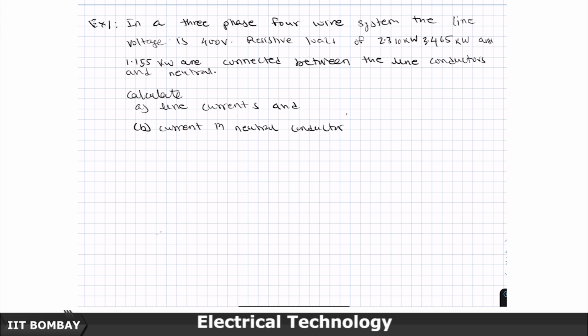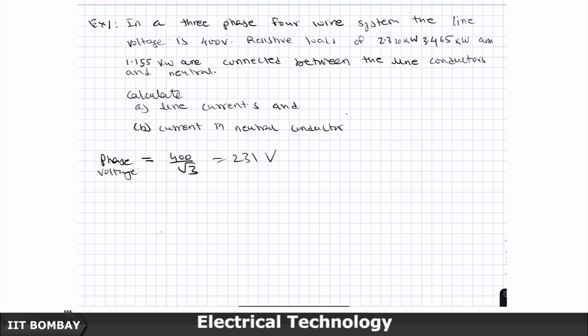So, if the line voltage is 400 volts, first of all this is our standard supply, the phase voltage, which is voltage of a phase to the neutral, will be 231 volts.